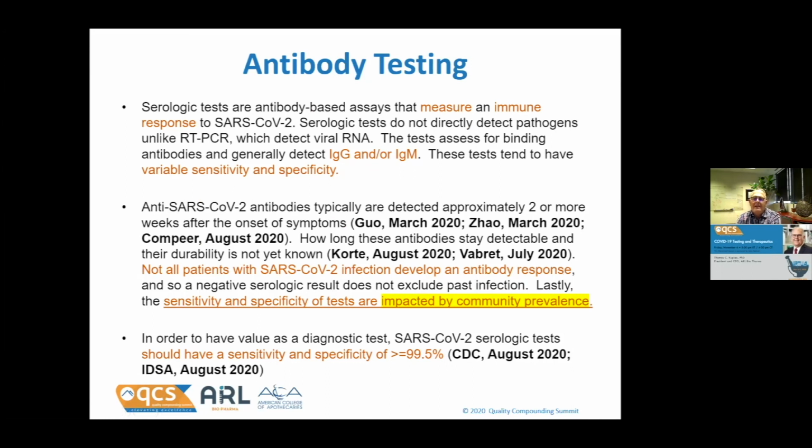You might take a test, you may have it, and you may not have that antibody response. So the negative serological result does not exclude past infection. That would be another limitation one would need to consider. Lastly, and this is a very important issue, the sensitivity and specificity of tests are impacted by the community prevalence. So the more frequent an individual would have, that calculation would go into it when they're conducting those tests and reporting that often.